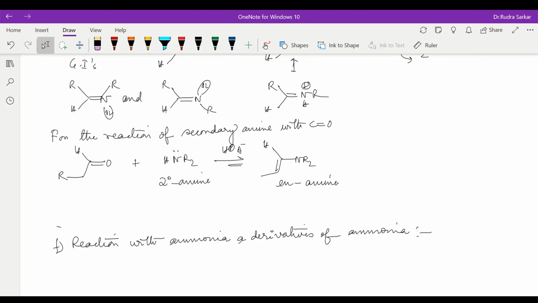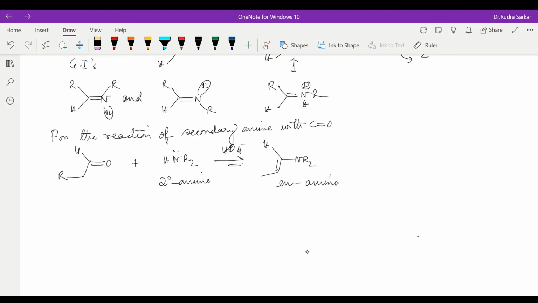Now instead of doing the whole mechanism, what shortcut we can use, I will teach you that. But let's go for the mechanism so that you can understand the beauty of the shortcut. So let's do the mechanism first. Now suppose you have an aldehyde, something like this, or say let's take a ketone, something like that.